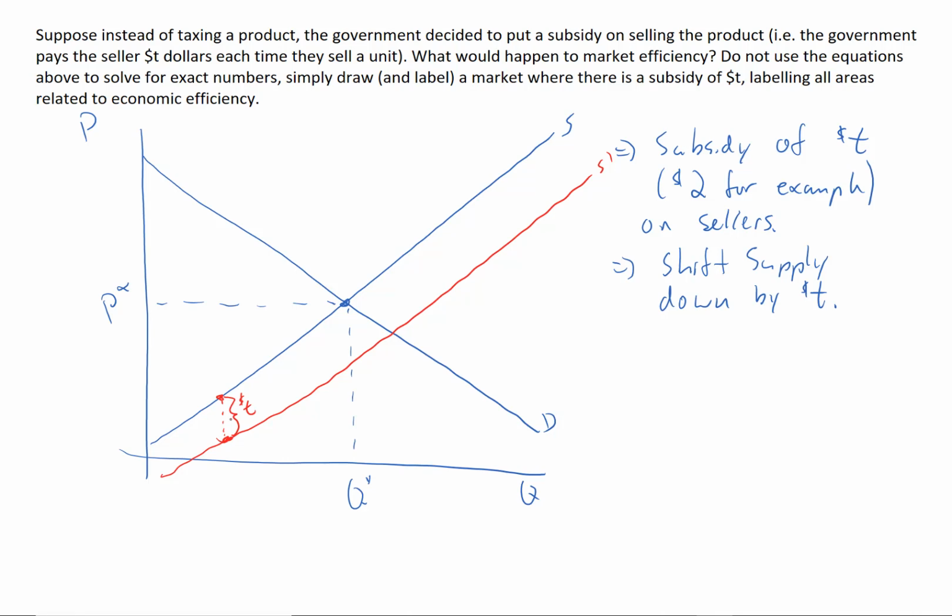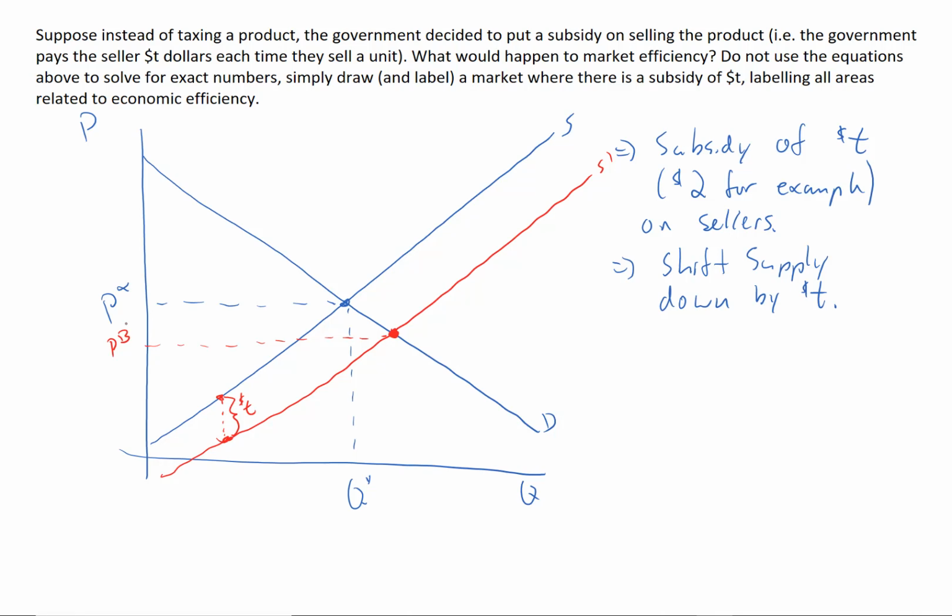And so now what's happening is you walk into the store and find out where your new supply curve intersects your old demand curve, and this is how much you pay for the product. That is PB. So if you're a buyer of this product, you walk in and you have to pay that much to whoever's selling the product.